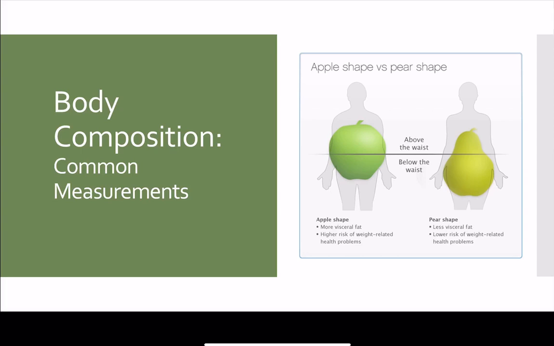Whereas the pear shape means you carry more weight in your lower extremities, you have less visceral fat, and it's a lower risk profile. So if nothing else, you want to at least assess fat distribution because the distribution of fat is a much better indicator of the risk of the problems associated with obesity than just looking at height and weight alone.